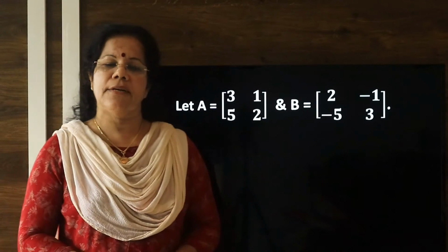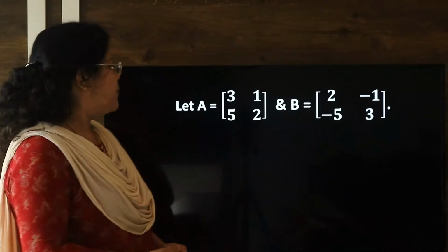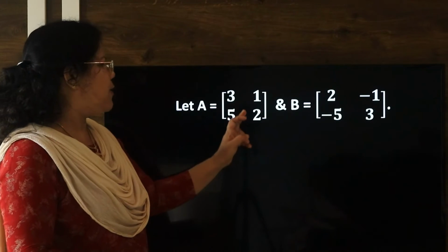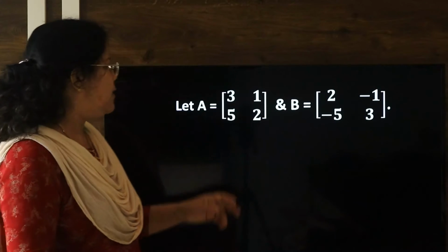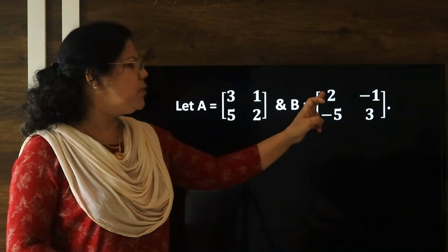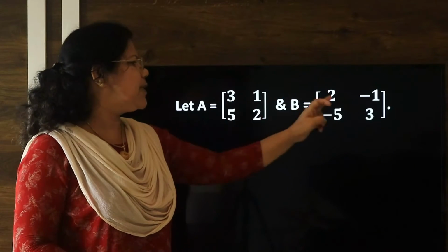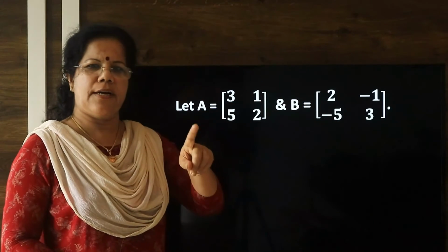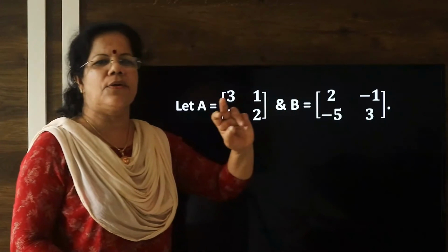Now we will take some examples before going to the definition of the inverse. A is the matrix 3, 1, 5, 2 and B is 2, negative 1, negative 5, 3. If I find AB: 3 into 2 plus 1 into negative 5, 6 minus 5, 1, first element. Negative 3 plus 3, 0, second element.